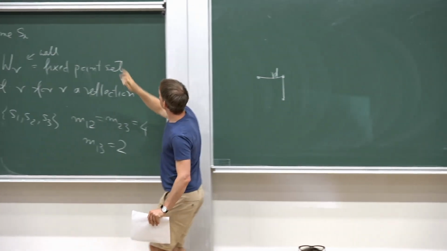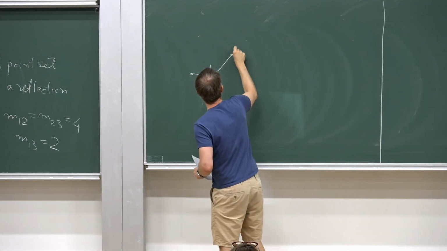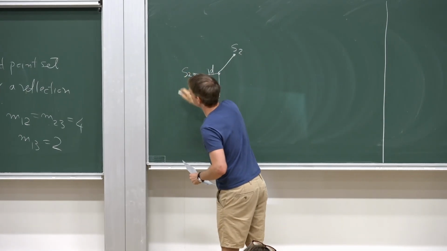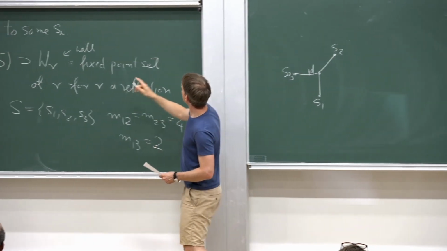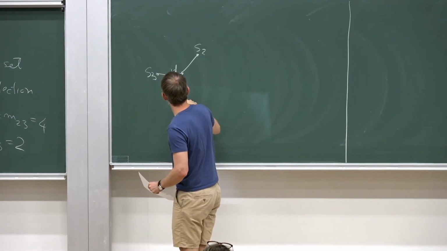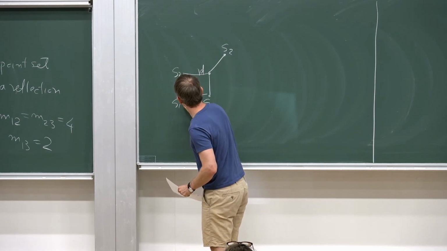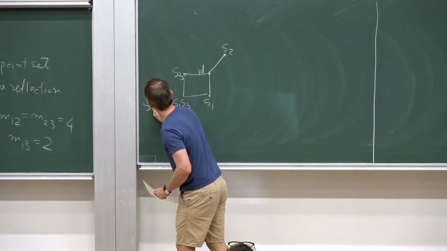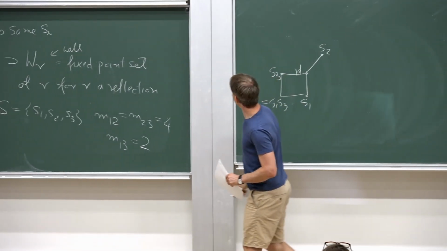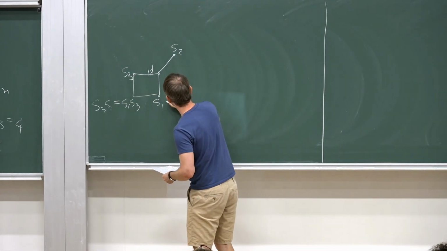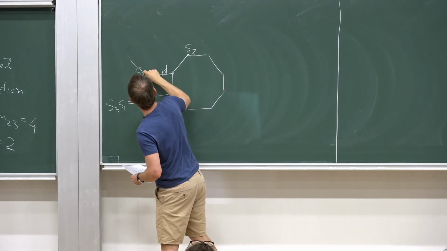Since these generators are involutions, identity will have only 3 neighbors, S1, S2, S3. By the relation involving M1,3, S1 times S3 is equal to S3 times S1, so there will be a square in the Cayley graph. And the other relations have length 8, and they will correspond to octagons in the Cayley graph.